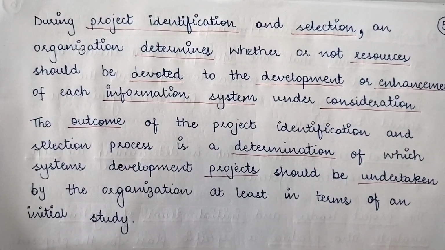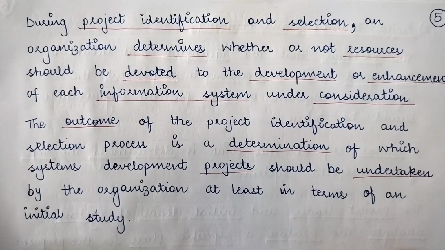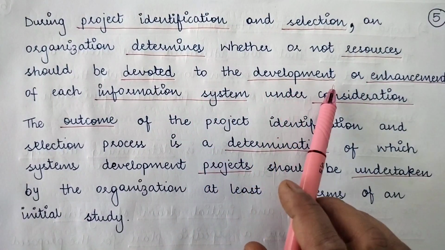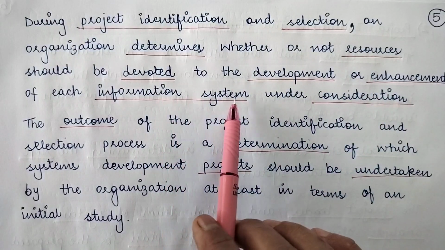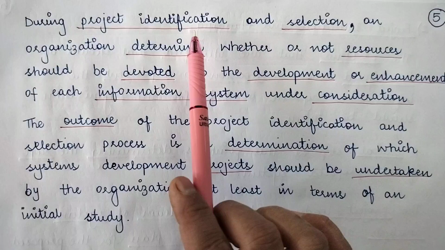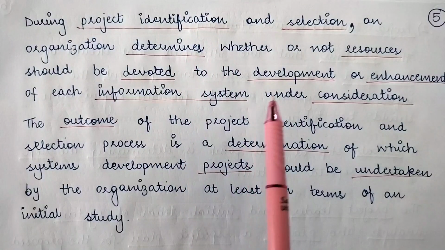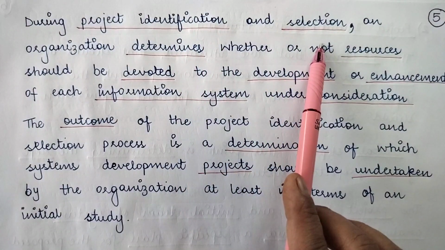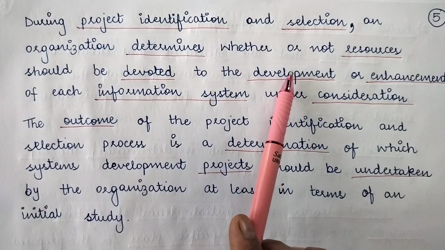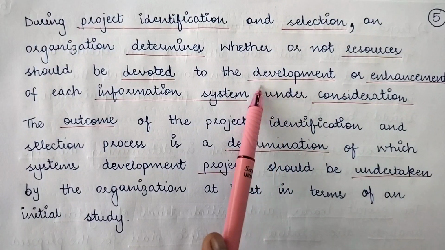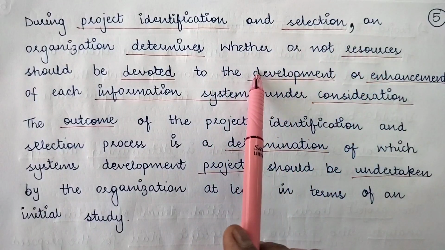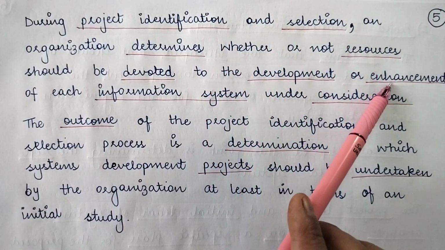During project identification and selection, an organization determines whether or not resources should be devoted to the development or enhancement of each information system under consideration. So, it is during this phase, that is the project identification and selection phase, which we are studying right now, that the organization would determine that okay, we want to come up with a new system or an improved information system, but whether or not we should devote the resources of the organization for the development or enhancement.